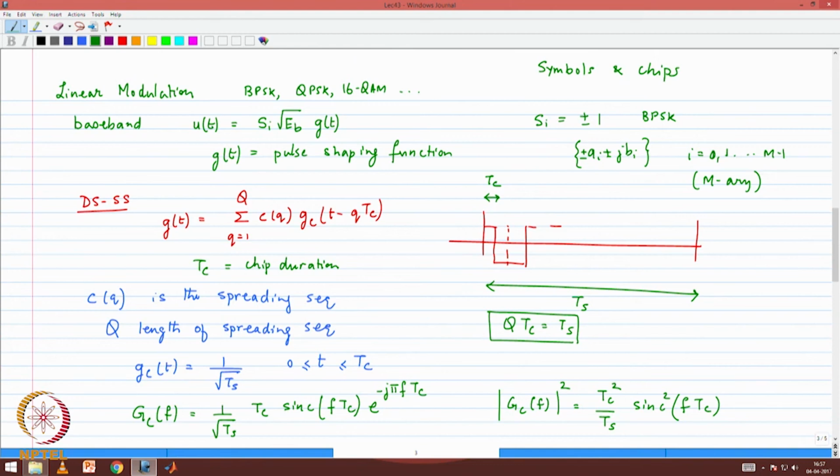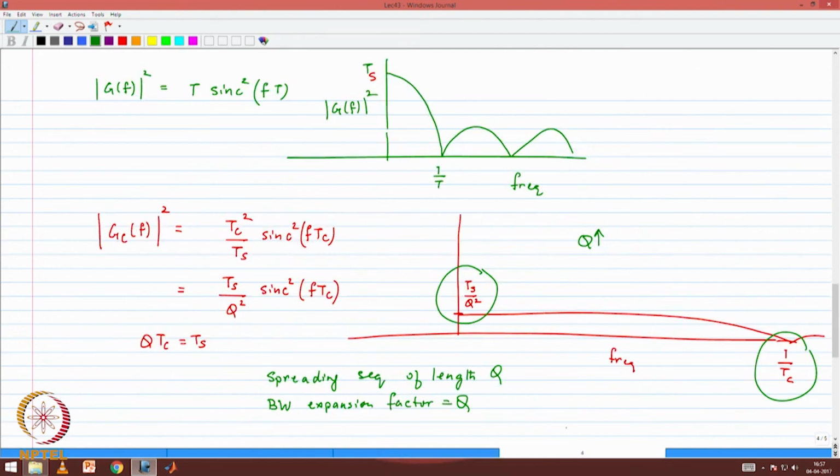Chips means that it has been spread, so the information is still there, but the fundamental waveforms are different. And we looked at the spectrum: once you spread it, the bandwidth of the signal expands by a factor of Q. So we pick it up from there and build up today's lecture.